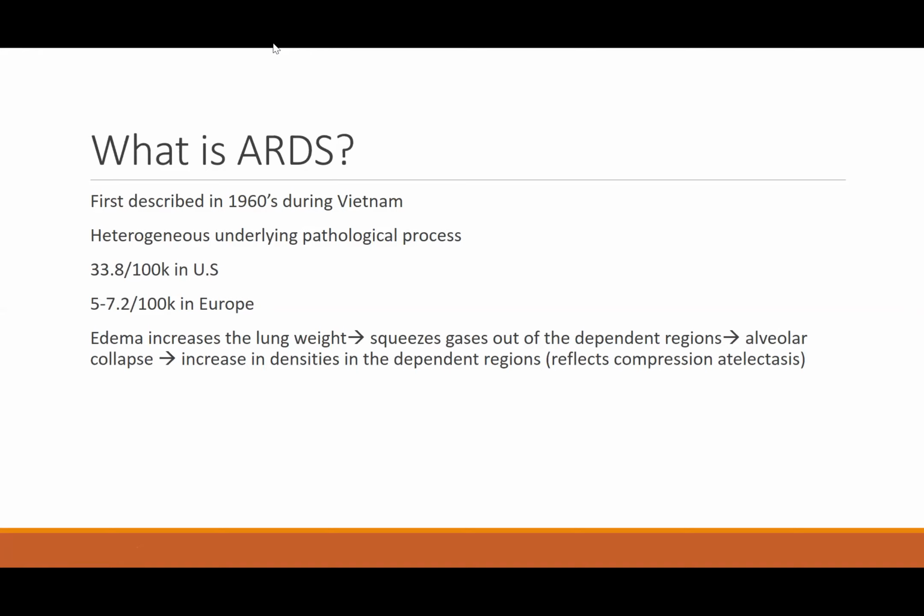The other thing that I want to spend a little bit of time talking about is this idea of a heterogeneous underlying pathological process. So what does that mean when I use the term heterogeneous underlying pathological process?